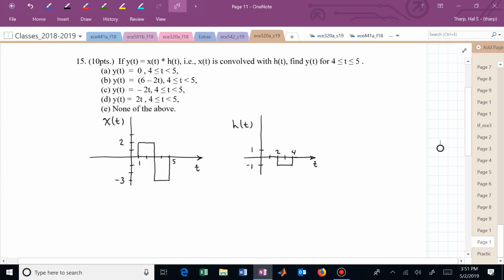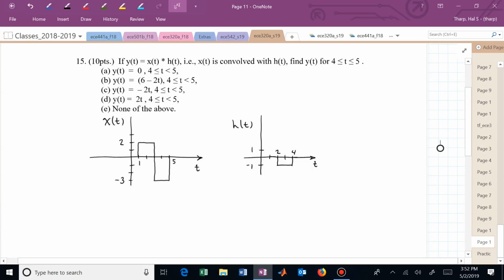We will see nothing until 2 units of time later. And then we'll see -1 for 2 units of time until 4, and then we won't see anything thereafter. So if we hit this system with an impulse at 0, we wouldn't see anything happen, and then 2 units later we would see -1, -1, -1 until 4.